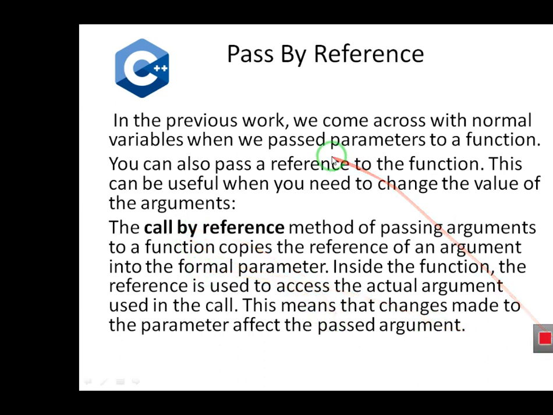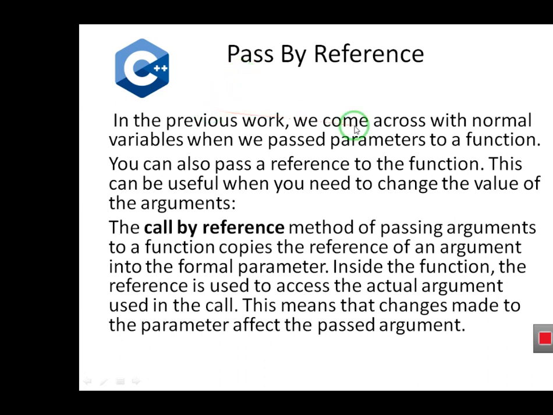Okay, so we are now talking about pass by reference parameters. The parameters we used were in the form of variables. Now it is in the form of a reference, and this can be a little tricky topic, but you must concentrate and try to understand it.